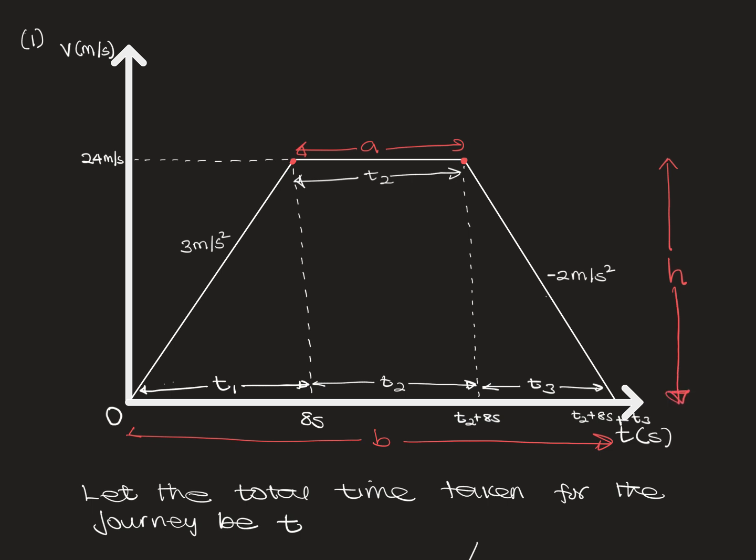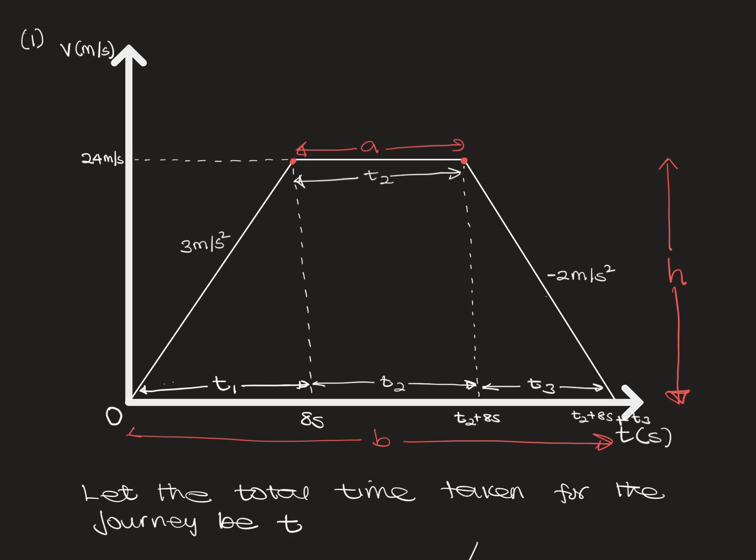So which means A is the same as T2, B is the same as T1 plus T2 plus T3, or simply T2 plus 8 seconds plus T3. And the height will also be the V1, or the final velocity attained during the end of the first interval. So it's going to be 24.